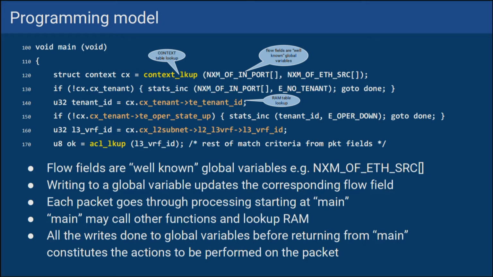The mental model which the programmer has to have in mind is that the packet enters the main function. It does several lookups, like the context lookup function in yellow over here, and the ECL lookup function over here. And it can also look up RAM data structures using pointers.